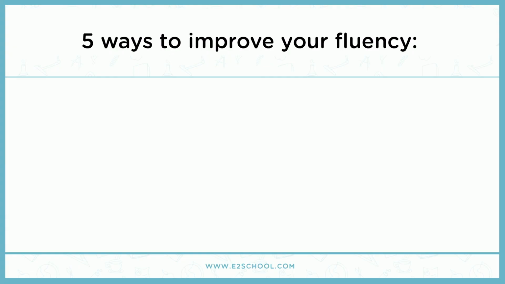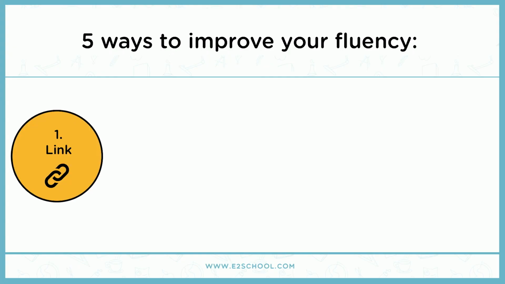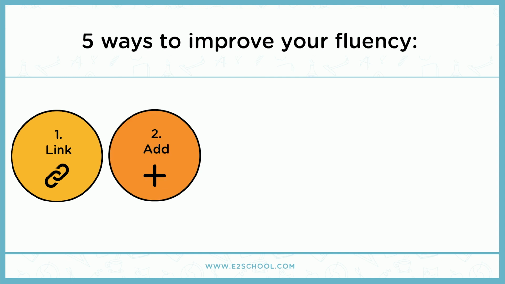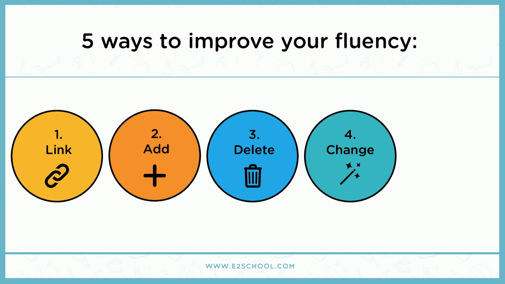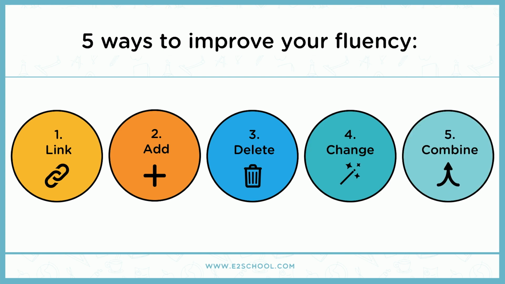Wait. What is fluency? What does this mean? Well, fluency is how we join sounds together when we speak. Okay. In fact, it's one of the key things to sounding natural when you talk. Nice. This is important. So, the first way, and one of the most common ways that we sound more fluent, is by linking sounds. We also add sounds, we delete sounds, we change them, and we combine them.